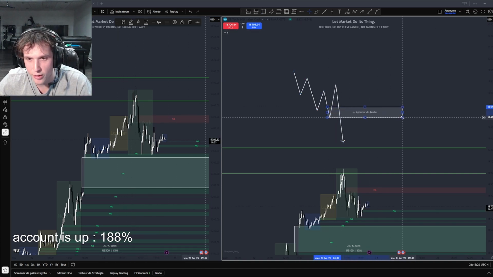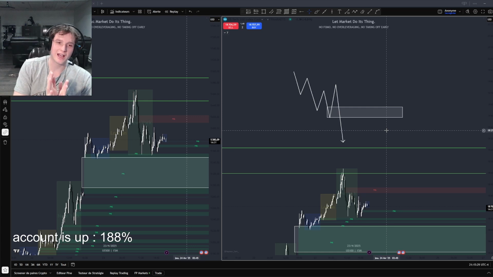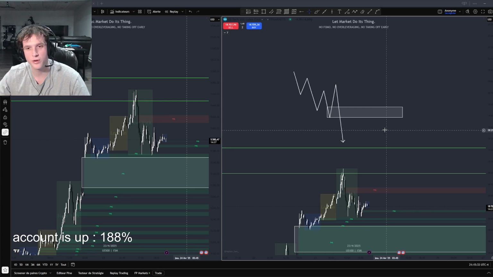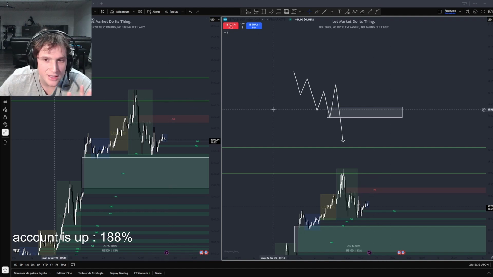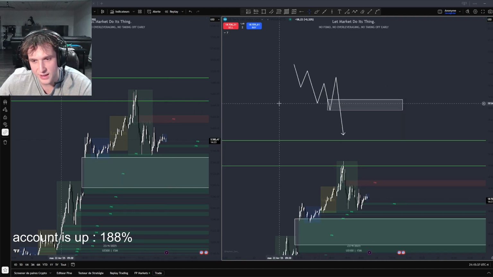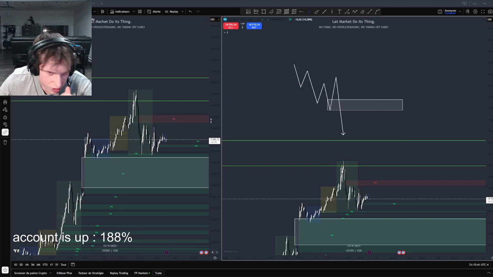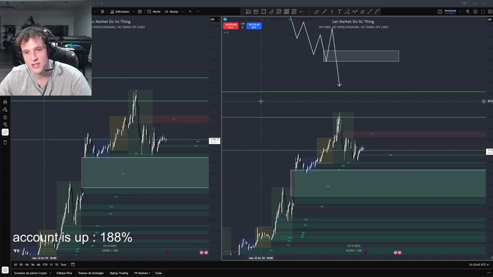You mark out your breaker block, which is the last candle in the opposite direction of where you're going that closed. So to make it simple, if you're on a downtrend, it's the last bullish candle on this leg, and if you're bullish, it's the last bearish candle.